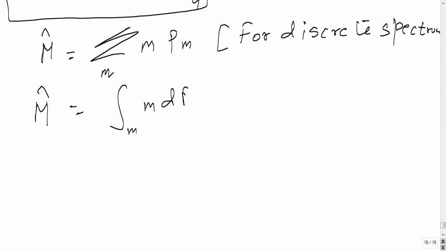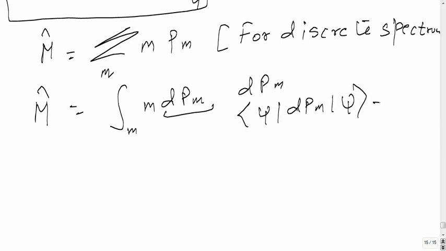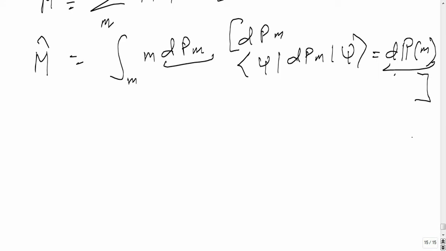So this is an operator, and you can think of dpm as the elemental probability.